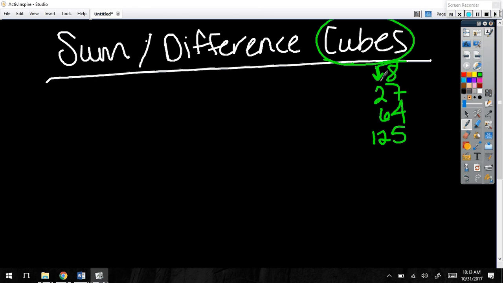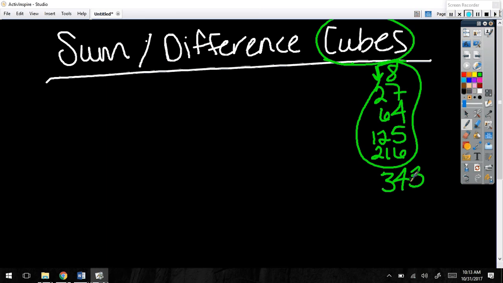At least these you really need to be familiar with. 216, that's 6 cubed. All right, so you need to be able to recognize these being cubes, okay? 343 is 7 cubed. 512 is 8 cubed.